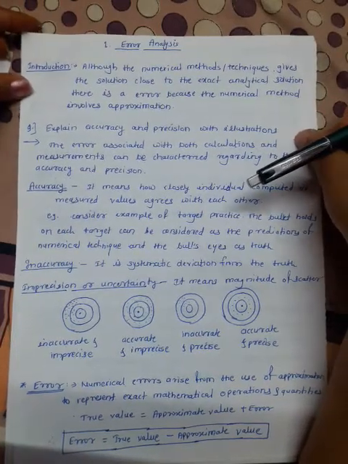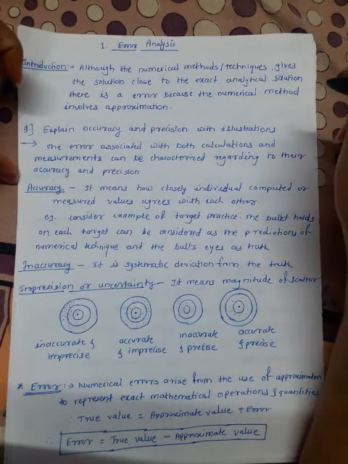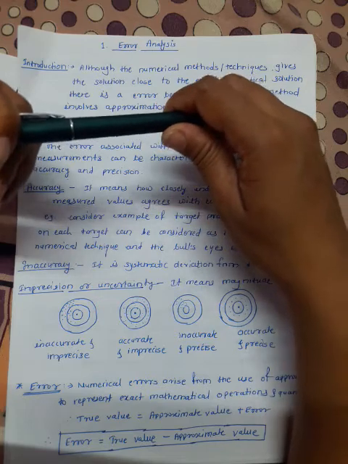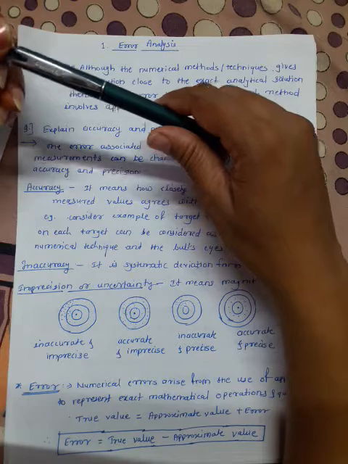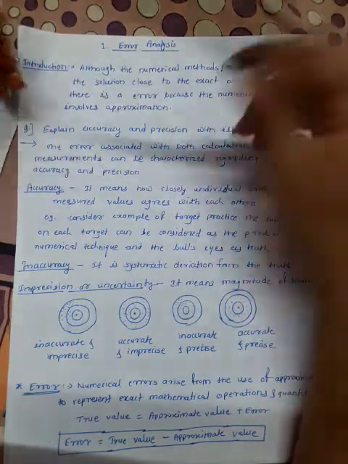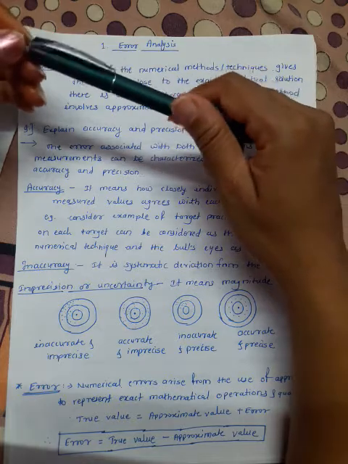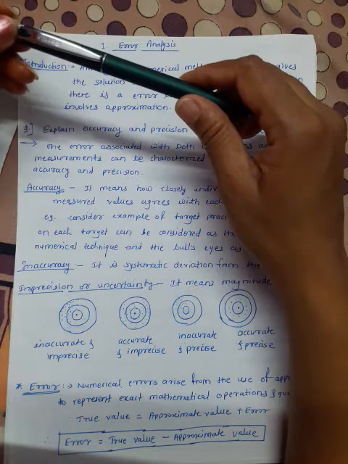In those numerical method examples, we are using approximate values in each iteration. That's why those errors occur. What type of errors are those? We are going to see in this particular chapter.